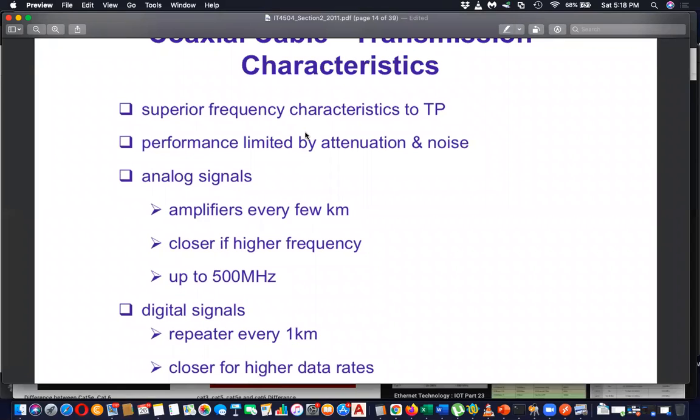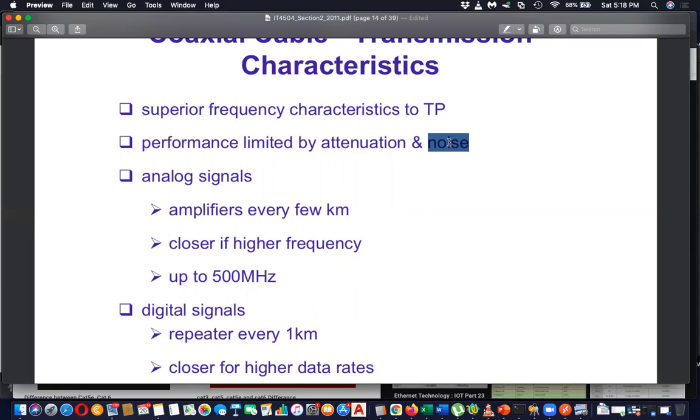And it is better than twisted pair, superior in frequency characteristics and performance. But the telephone and TV antenna cable always suffers from attenuation and noise. When you use a very lengthy cable, noise will be really high.